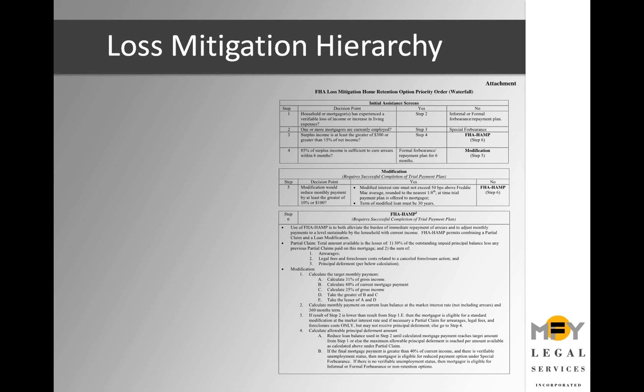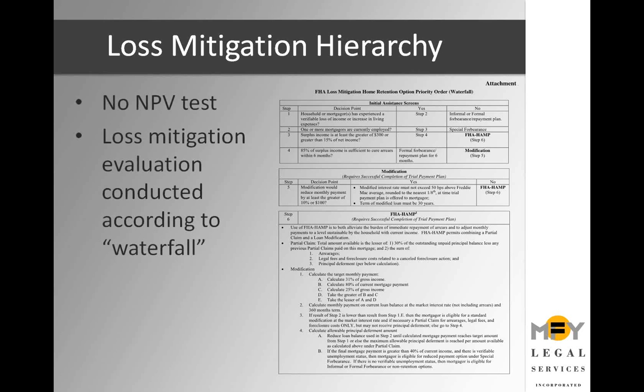So this is the FHA loss mitigation hierarchy. This is coming from Mortgagee Letter 2013-32, which is where the current FHA loss mitigation structure is contained right now. Unlike HAMP, there's no NPV test.